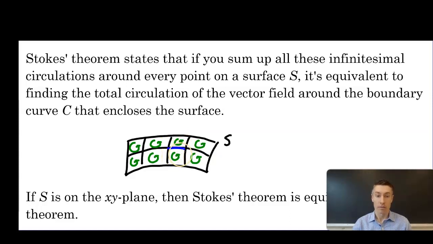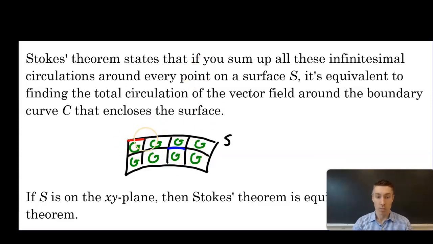But right below it, that counterclockwise rotation is going to go from right to left. And what we get along this edge that we've highlighted in blue is a cancellation of circulation. We can repeat the process for any of these adjacent little pieces of the surface.